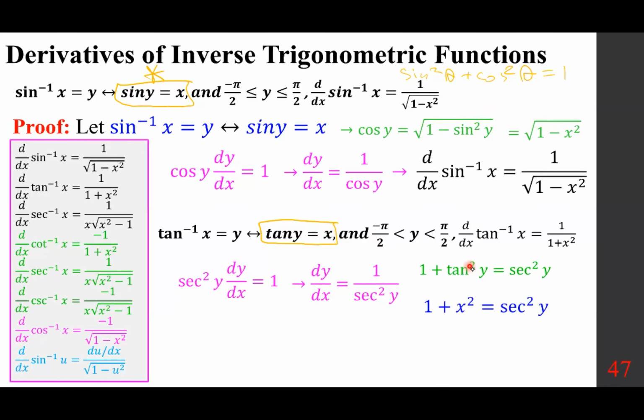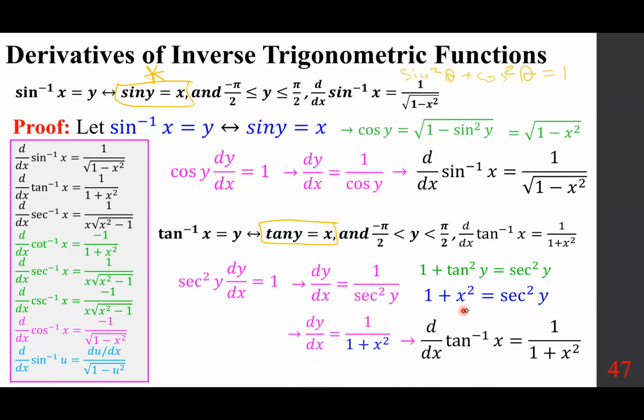So replace the secant squared y with 1 plus x squared. Dy dx is 1 over 1 plus x squared. So we proved the derivative of tan inverse is 1 over 1 plus x squared. You can always try a couple of examples on your own. For example, you can work on secant inverse and see what you get.